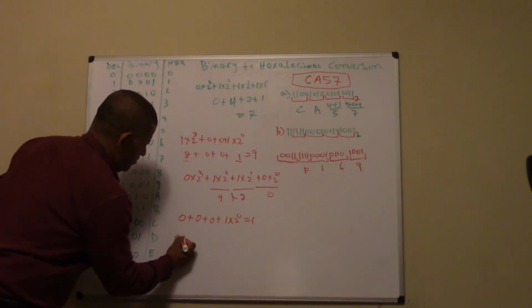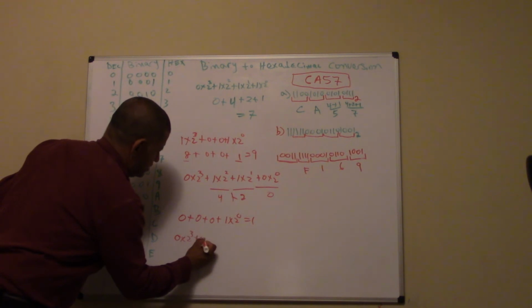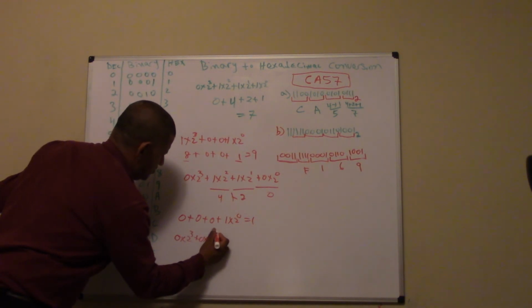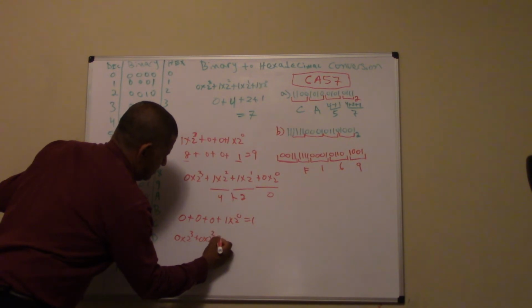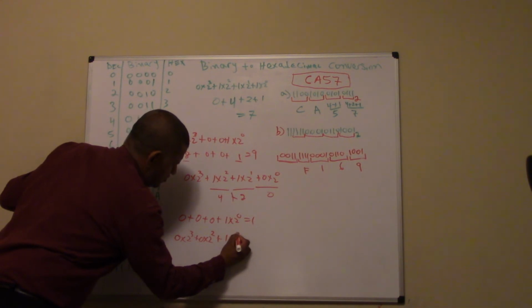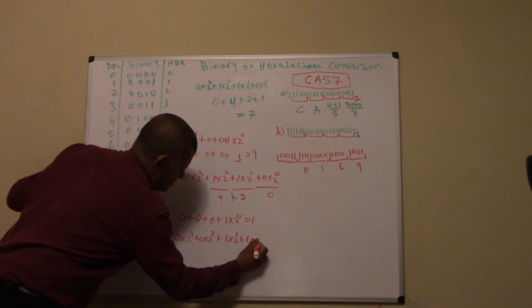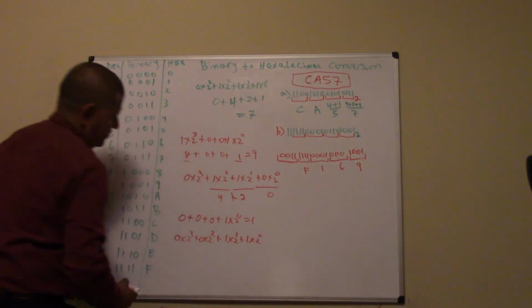But you can actually do the long way too. You can say 0 plus 2 to the third power times 0 plus 0 times 2 to the second power plus 1 times 2 to the 1 power plus 1 times 2 to the 0 power, right?